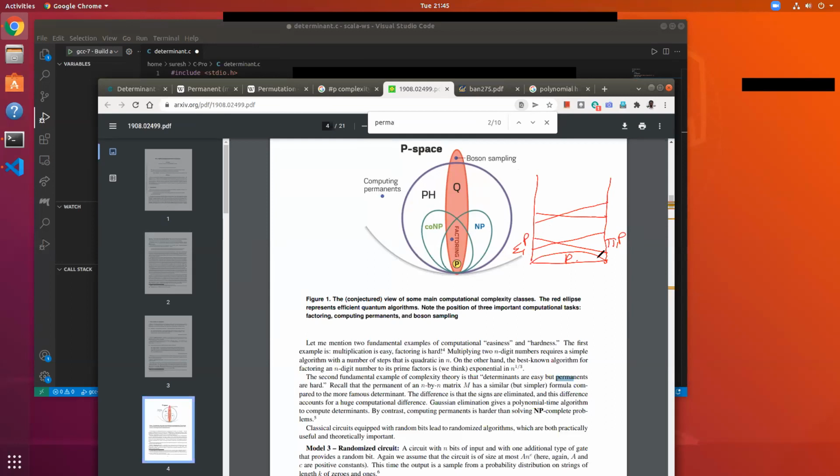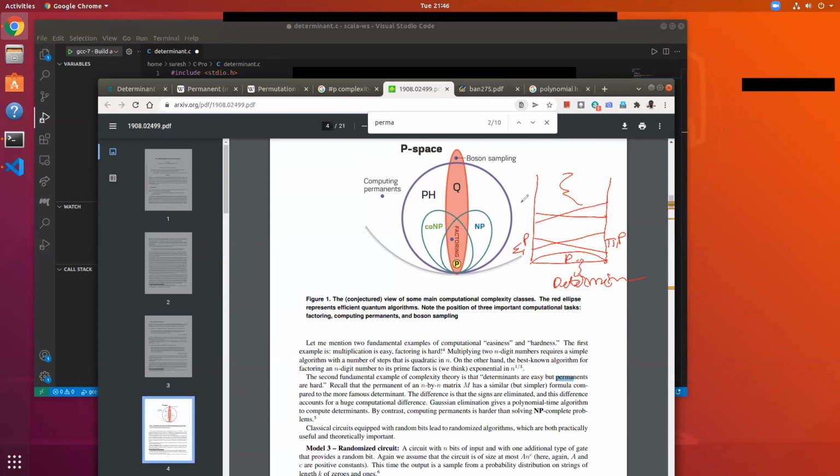While determinant is situated somewhere here, you can solve determinant in polynomial time. But computing permanent, if you can compute permanent, you can solve all these problems easily.